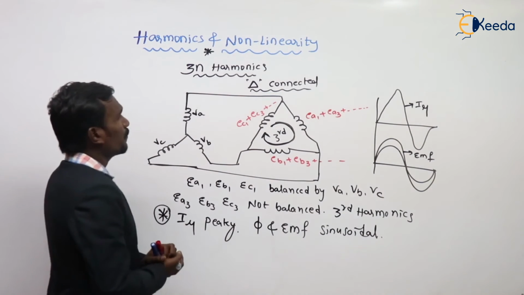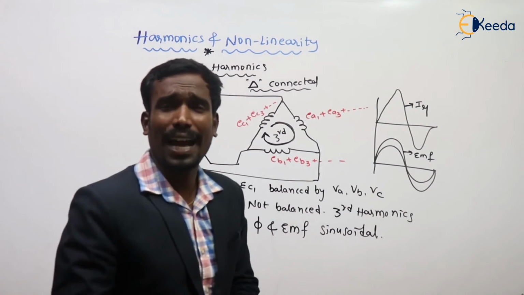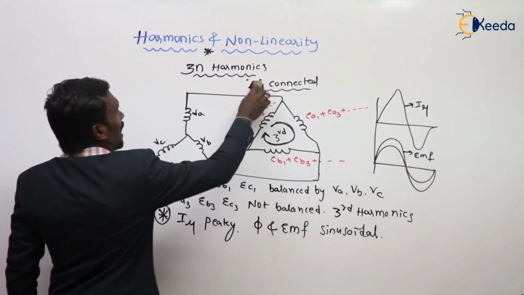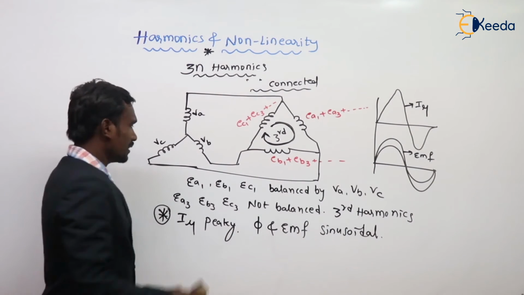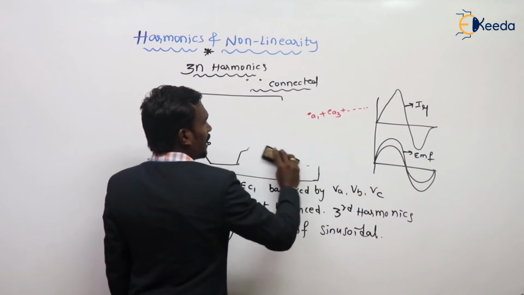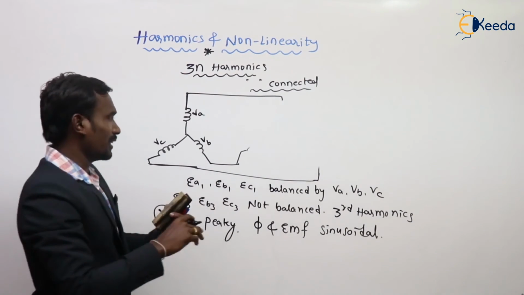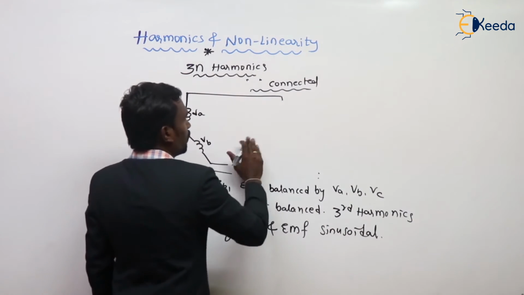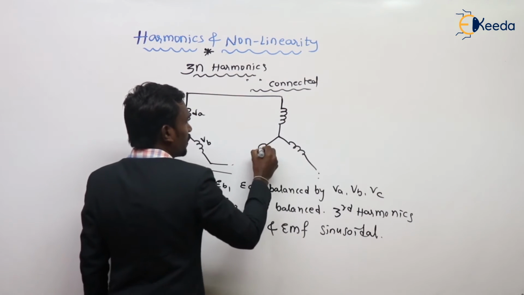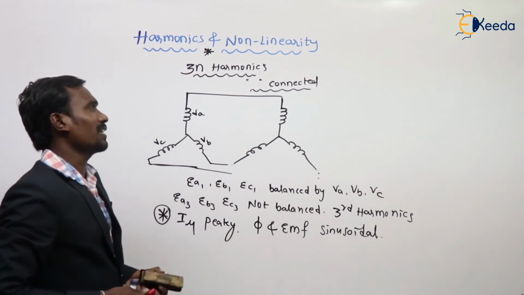For example, if the transformer has a star connection, let's see. If my transformer has a star connection like this, this is my star connected transformer.